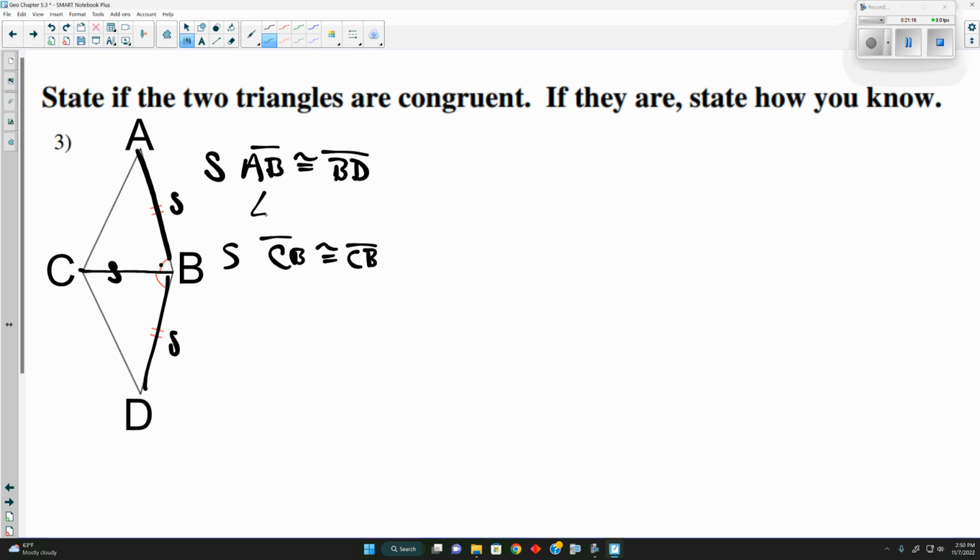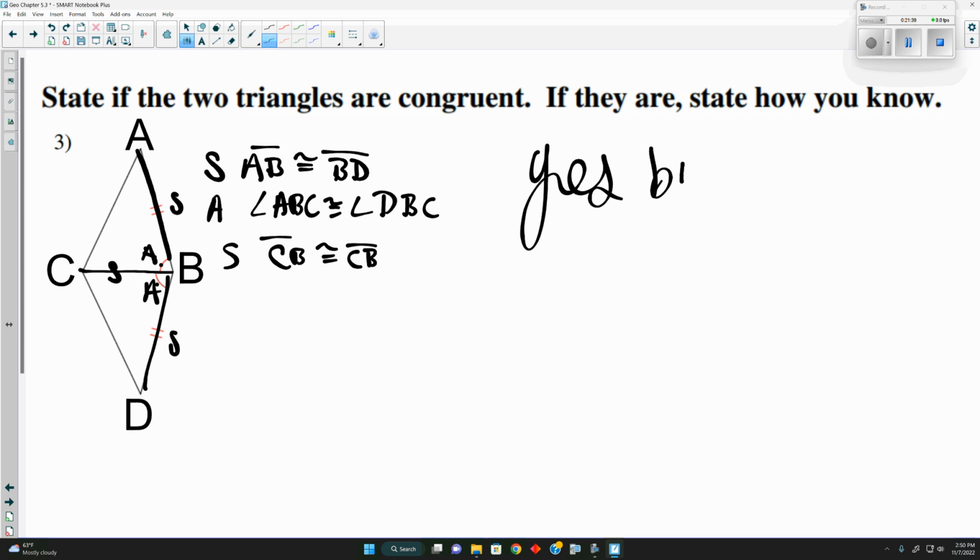Do we have any angles that are congruent? So we have angle ABC is congruent to DBC, or CBD. Is the angle between our two congruent sides? Yes. So can we say that they're congruent? Yes.